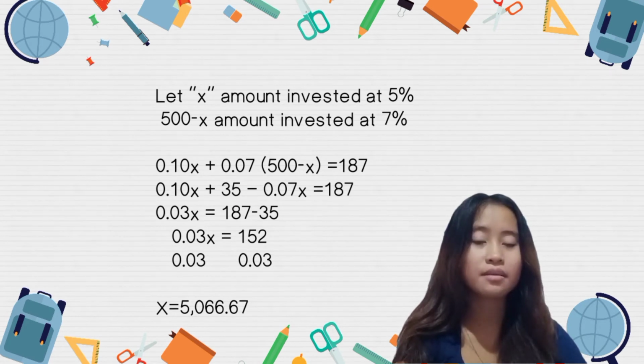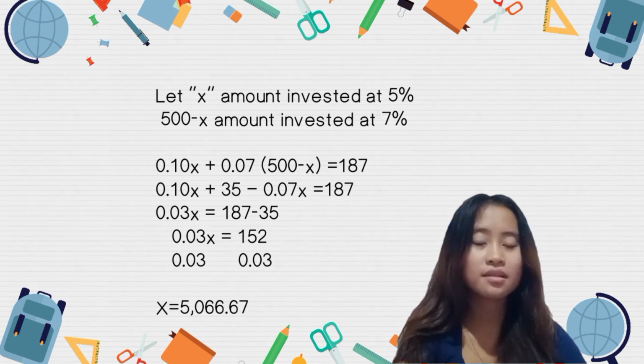And next, let's continue. 0.10x plus 35 minus 0.07x equals 187. We subtract 0.10x and 0.07x, so the answer is 0.03x equals 187 minus 35.